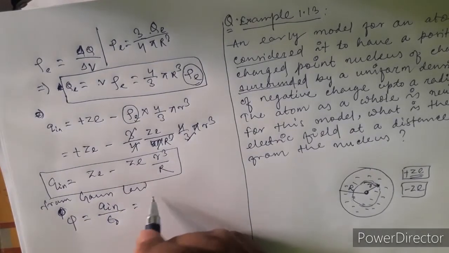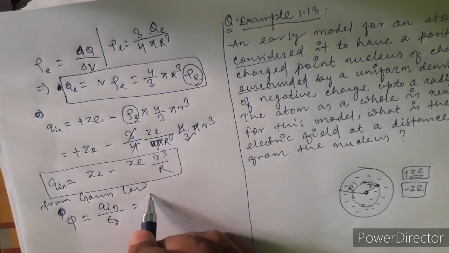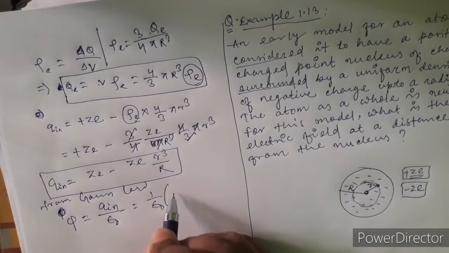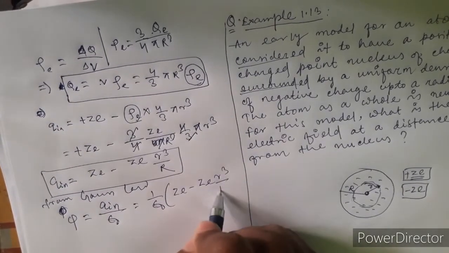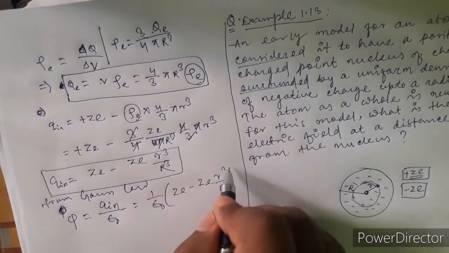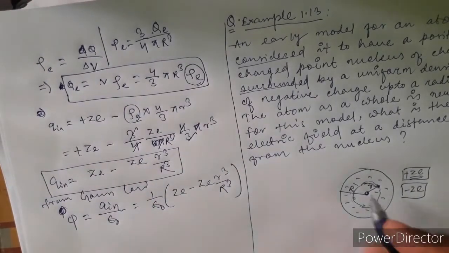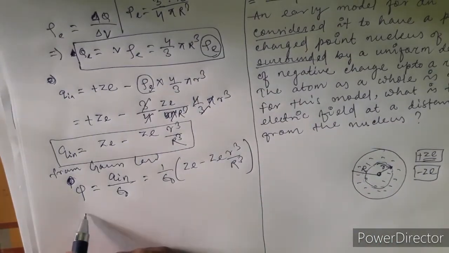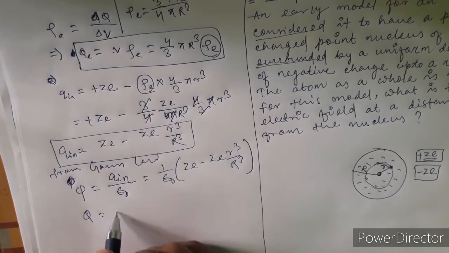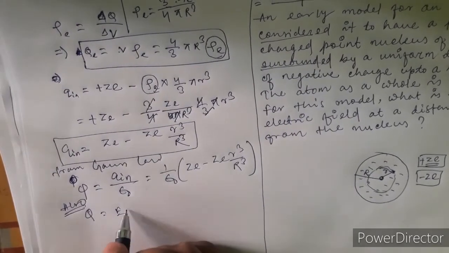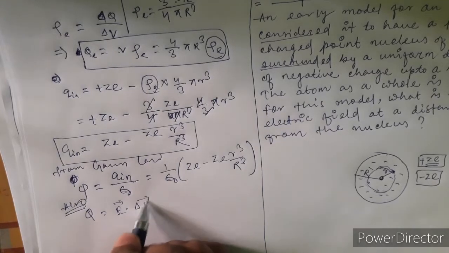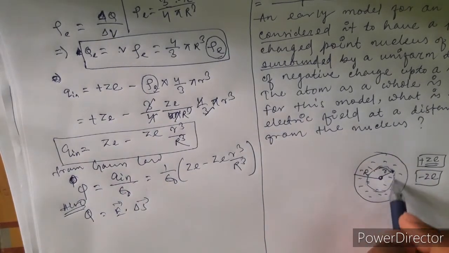Q inside is this one, that is 1 by epsilon naught times ZE minus JD r cubed by R cubed, okay. Now also from the definition of flux we know that flux is equal to E dot delta S, that is flux linked with this small surface.